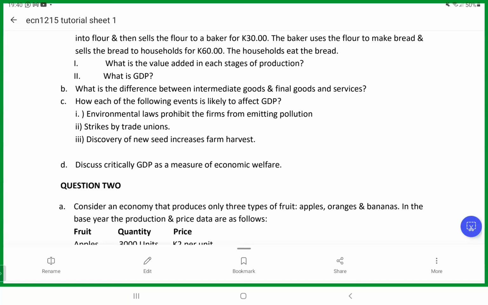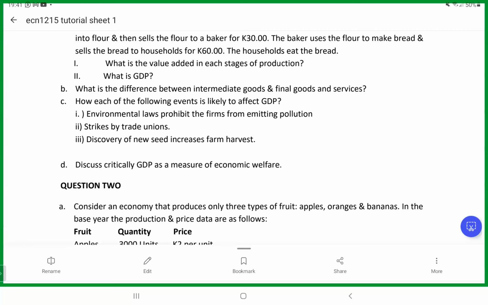What else? Mining Workers Union, Basic Teachers Union, BETUZ, and Senior Secondary Teachers, STUZ. Those unions, you know them. They speak on behalf of the workers. You know those things, right? But still, it will lower the GDP because there'll be less production or no production at the end of the day.